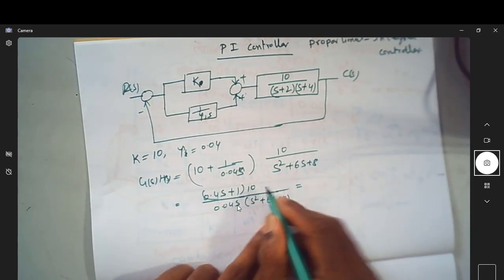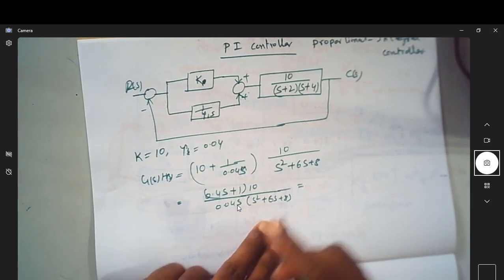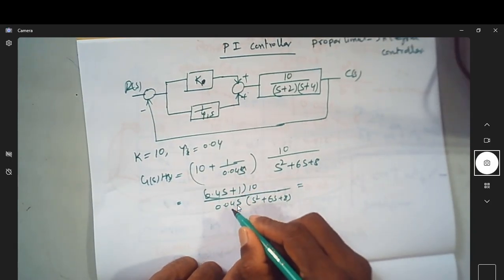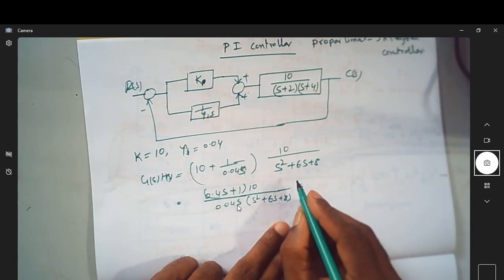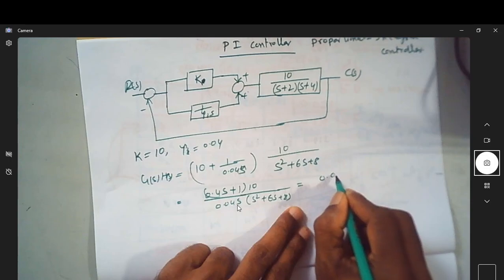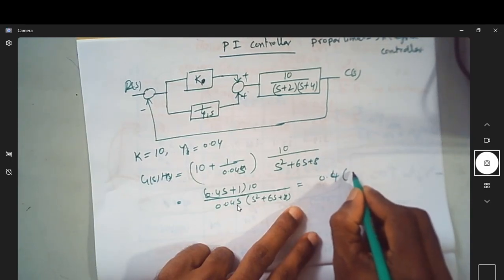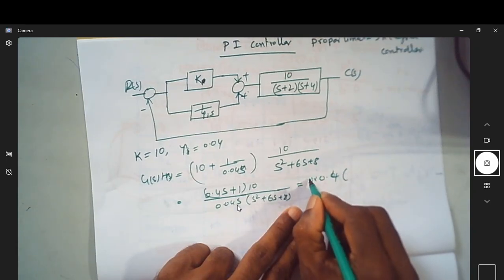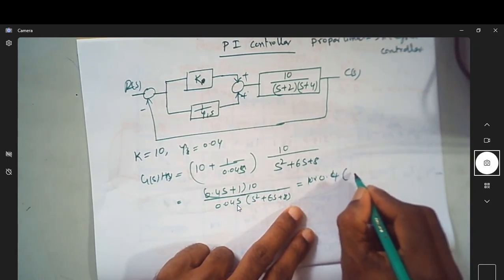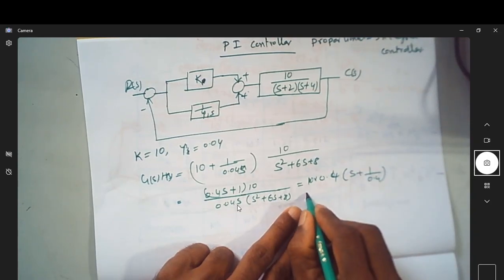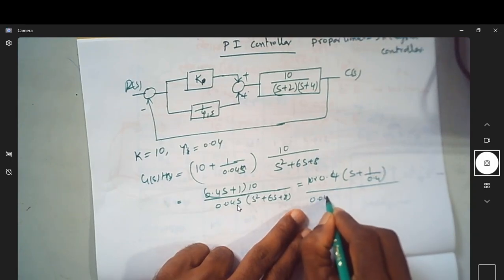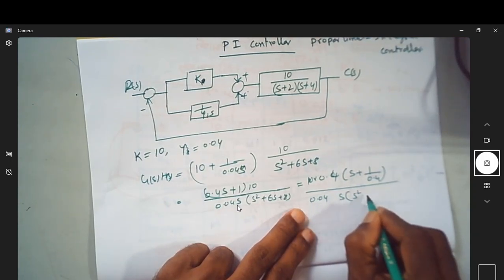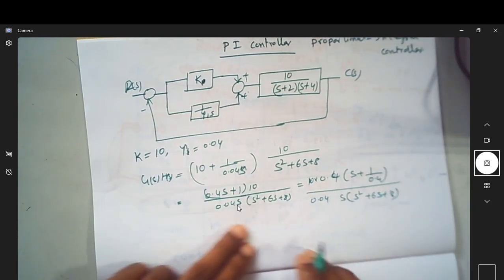Let me take 0.4 outside, since 0.04 is there, and into 10 is also there. So it is now s plus 1 over 0.4 divided by, so I have 0.04 here, so it is s into s square plus 6s plus 8.